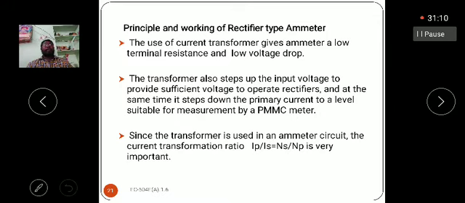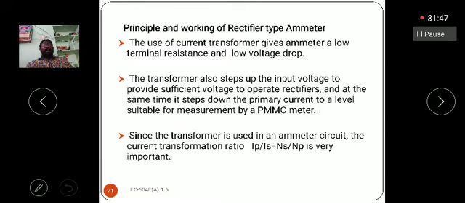The transformer also steps up the input voltage to provide sufficient voltage to operate the rectifiers, and at the same time it steps down the primary current to a level suitable for measurement by the PMMC meter.